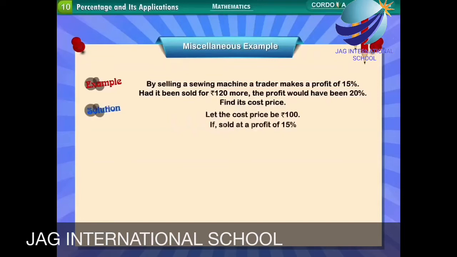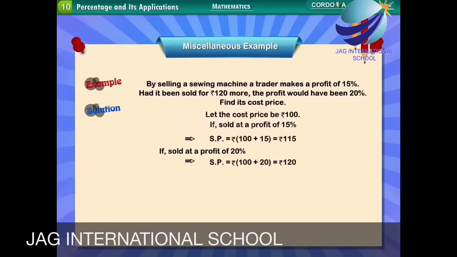If sold at a profit of 15%, SP = rupees 100 + 15 = rupees 115. If sold at a profit of 20%, SP = rupees 100 + 20 = rupees 120. Increase in actual gain = rupees 120 − 115 = rupees 5.